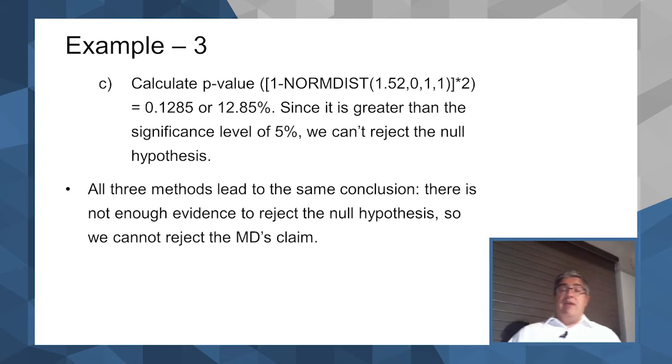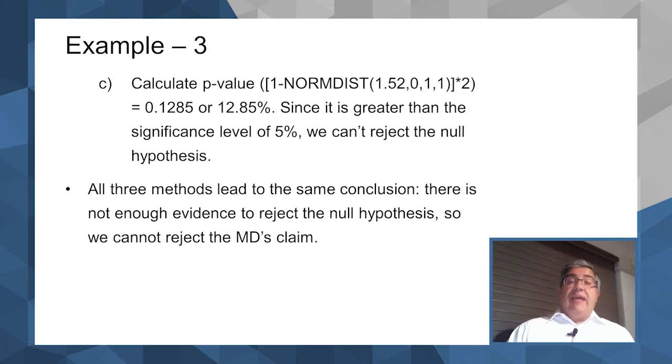We can also do the same by calculating the p-value. We can do it manually, but we can also use Excel, and that's what I've included in here. We do 1 minus NORM.DIST of 1.52, which is the z-score we just calculated, and then you put 0, 1, and 1, and multiply that by 2. As you open Excel and look at the formula, you will see what those different requirements are.